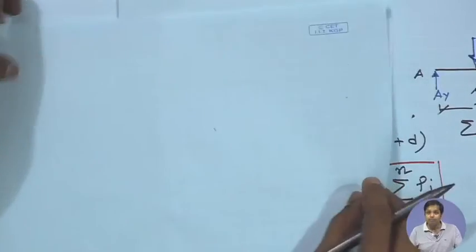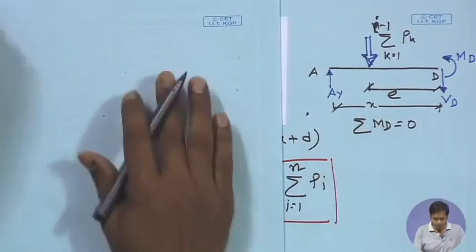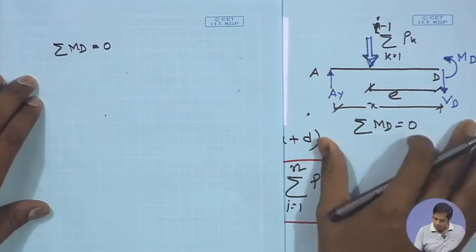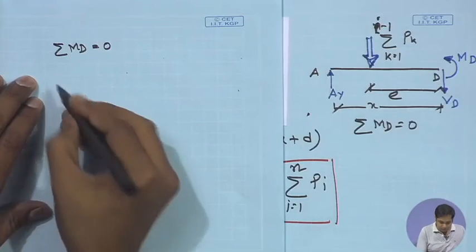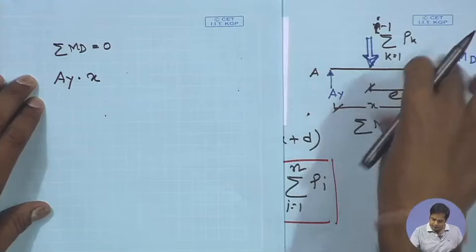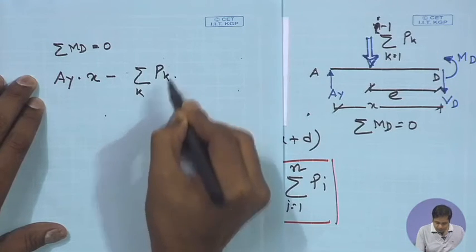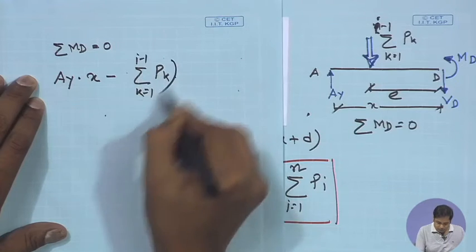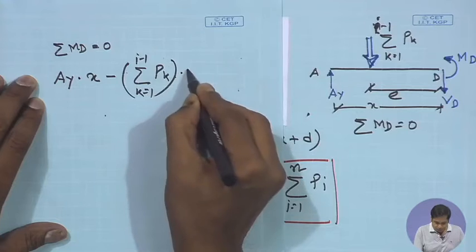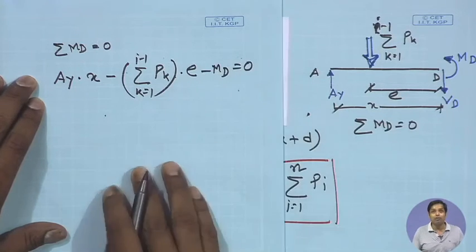So, summation of moment about D is equal to 0. What do we have? Ay will contribute Ay into x, and then minus summation over k of Pk, k equal to 1 to i minus 1, this is the total load, into e, and then minus Md, that is equal to 0.